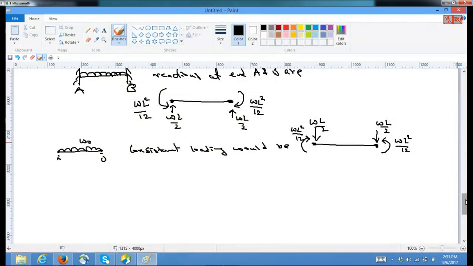Now, if you remember, we have taken a convention from the previous class. Let me show the convention from the previous class.